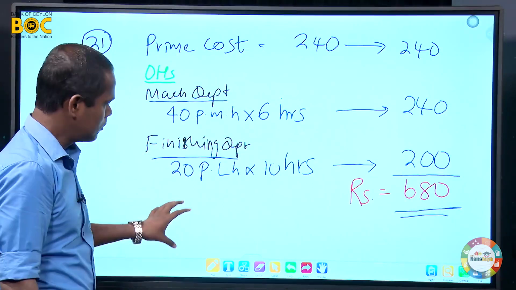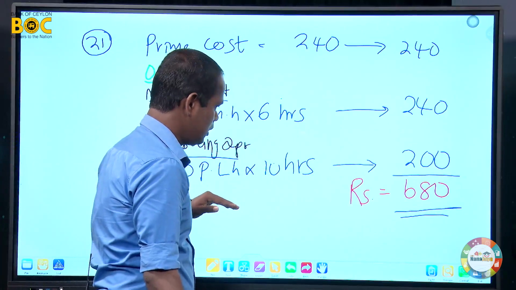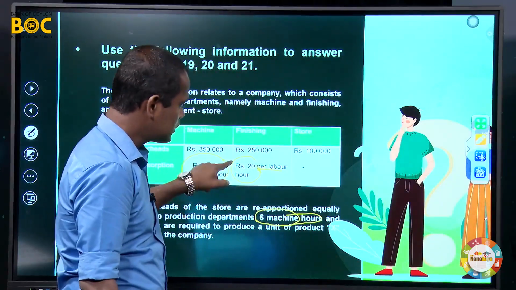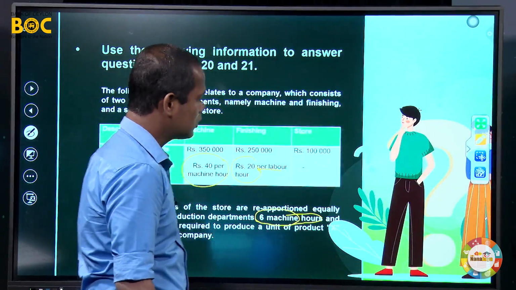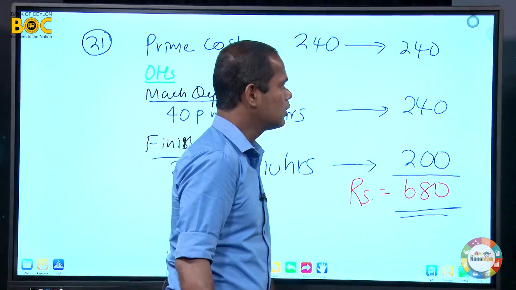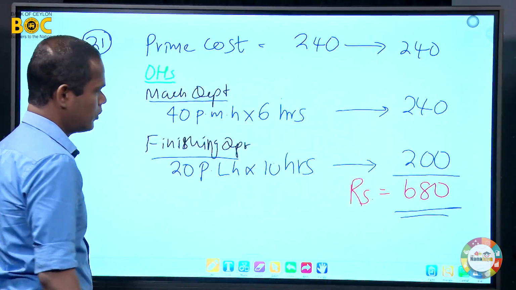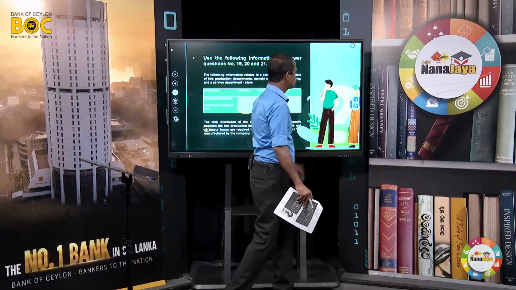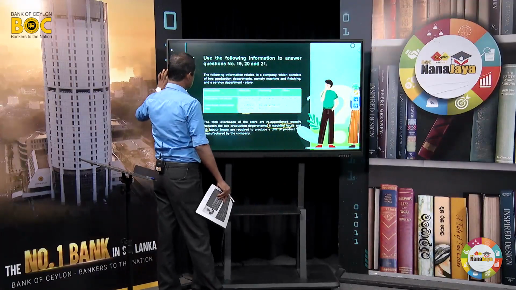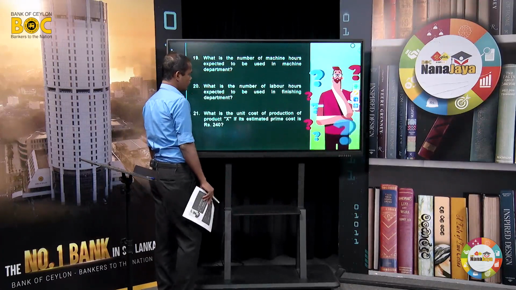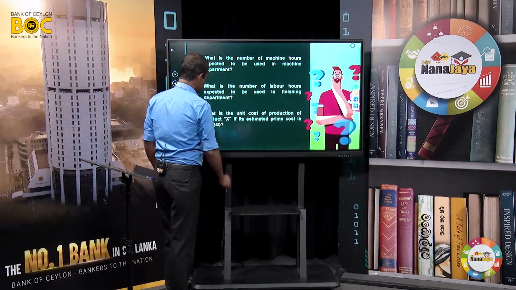In the finishing department, 20 rupees per labor hour, 10 hours required. The absorption rates are given, you multiply by the number of hours to get 200 rupees. So the total is 680 rupees.